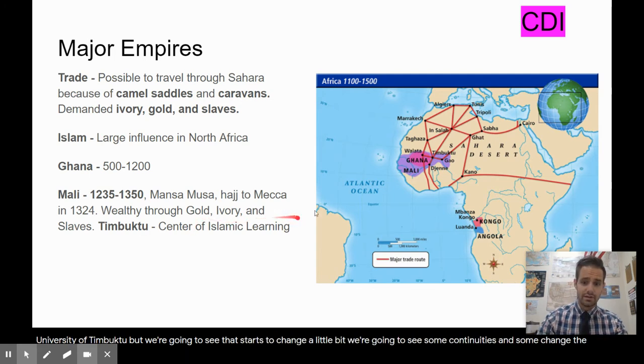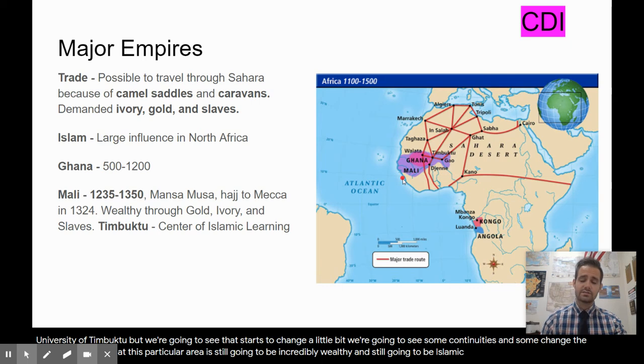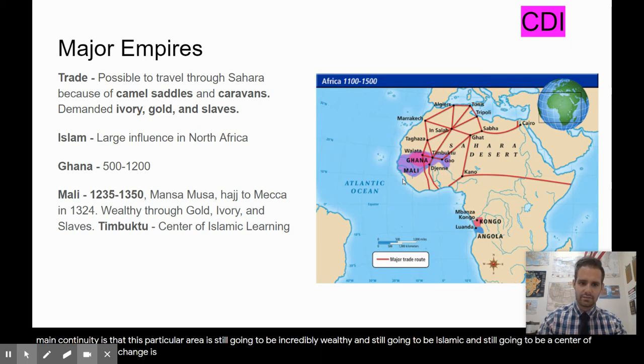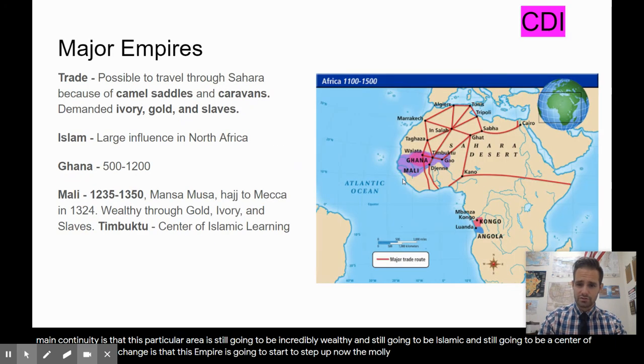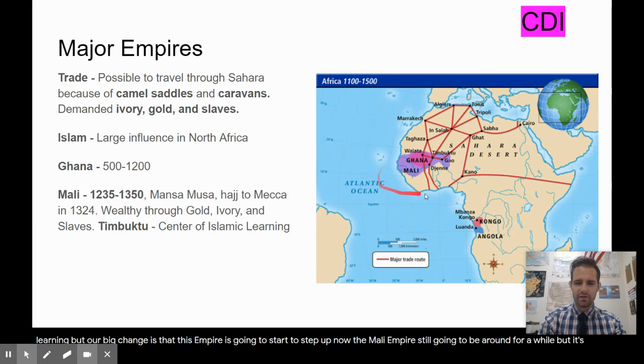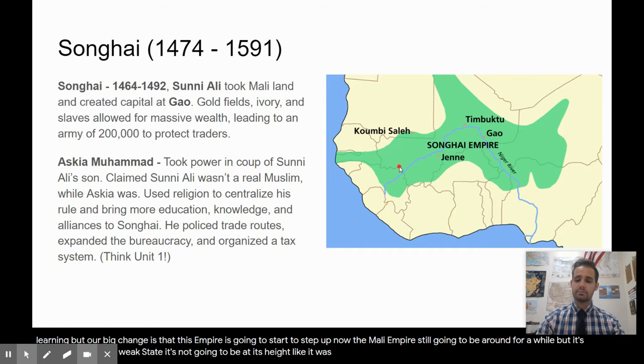The main continuity is that this particular area is still going to be incredibly wealthy. It's still going to be Islamic, and it's still going to be a center of learning. But our big change is that this empire is going to start to step up. Now, the Mali Empire is still going to be around for a while, but it's going to be in a very weak state. It's not going to be at its height like it was under Mansa Musa.